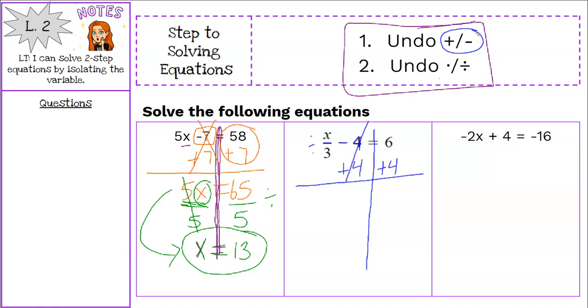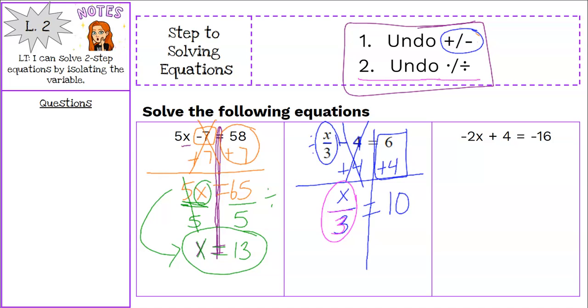Negative 4 plus 4 is 0, leaving us with this piece, x over 3 equals, what is 6 plus 4? 6 plus 4 is 10. Now, if we look, our variable is not all by itself yet. We still have a friend. It's got this divided by 3, which leads us to step 2, which is undo multiplication and division.